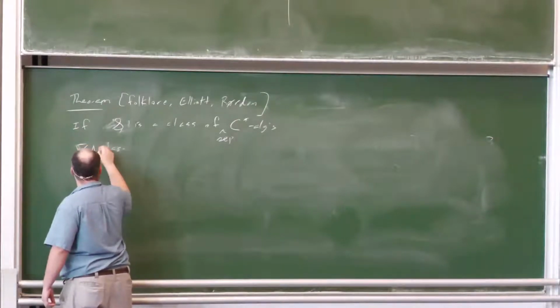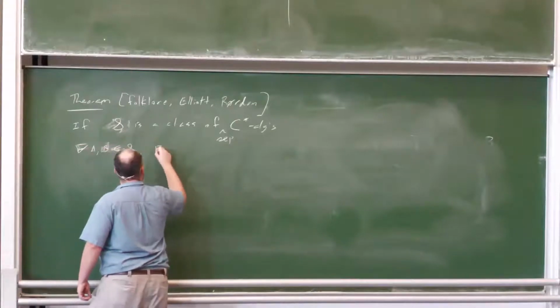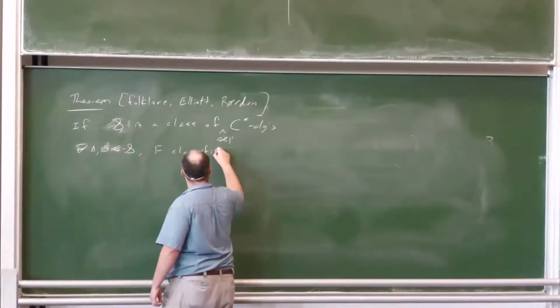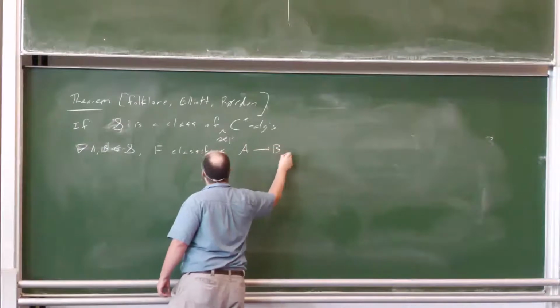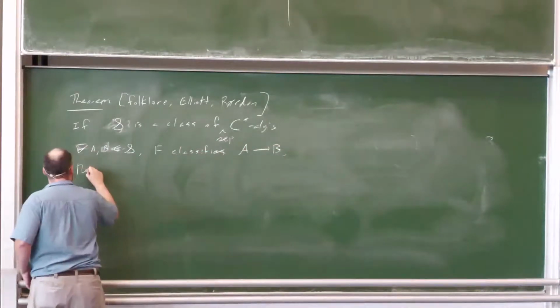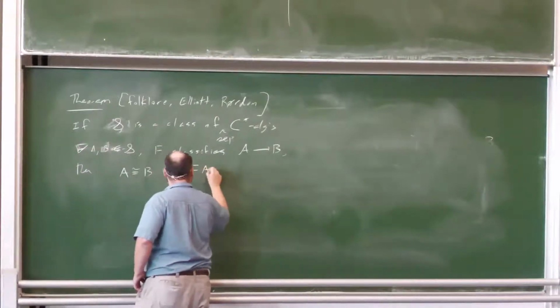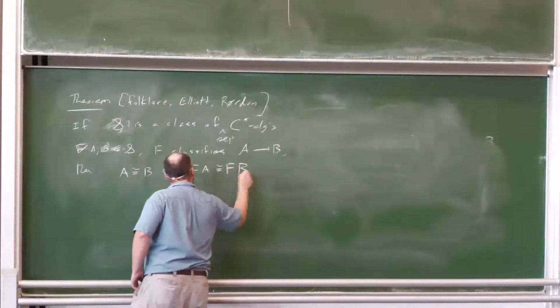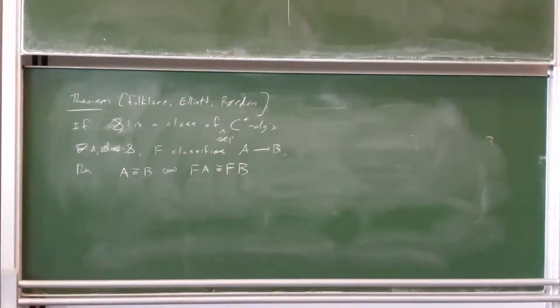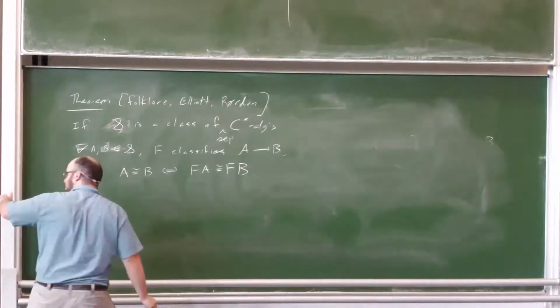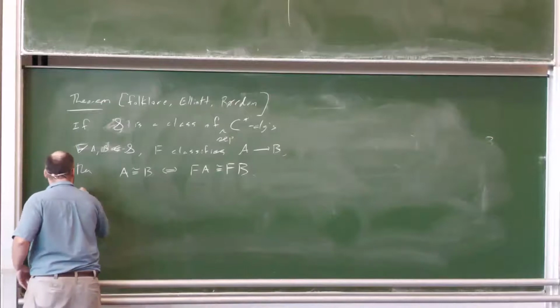So for all A and B in S, F classifies morphisms from A to B. Then A is isomorphic to B if and only if F of A is isomorphic to F of B. So if you have any functor of any sort, if it describes morphisms between the algebras you care about, then it decides when the algebras are isomorphic. In fact, what you end up proving is a strengthened form of existence: not only do morphisms lift to morphisms, but isomorphisms lift to isomorphisms.